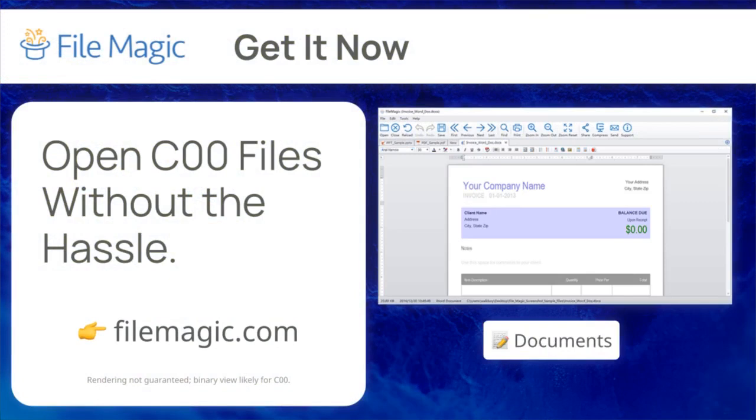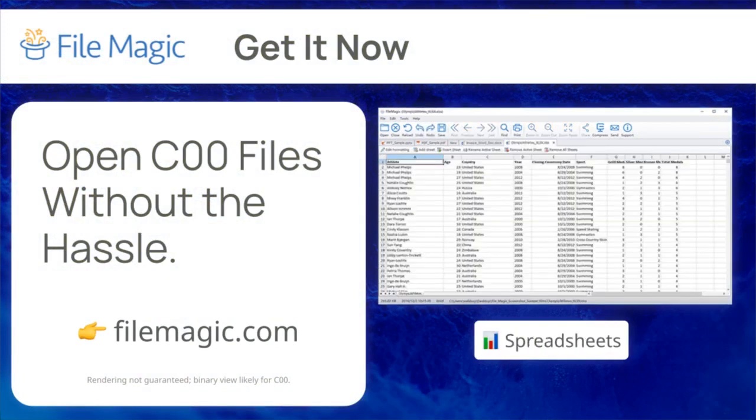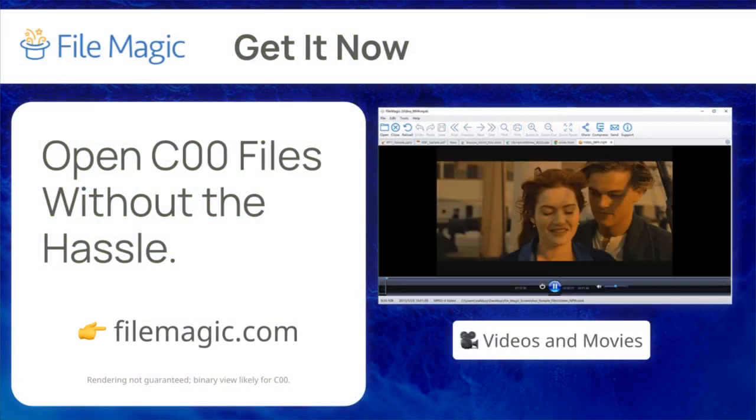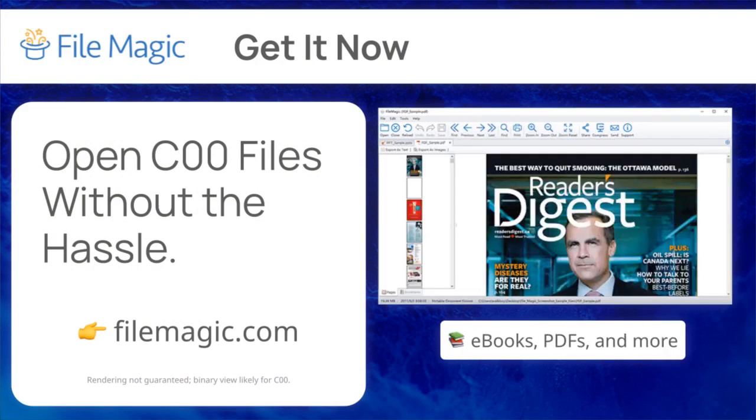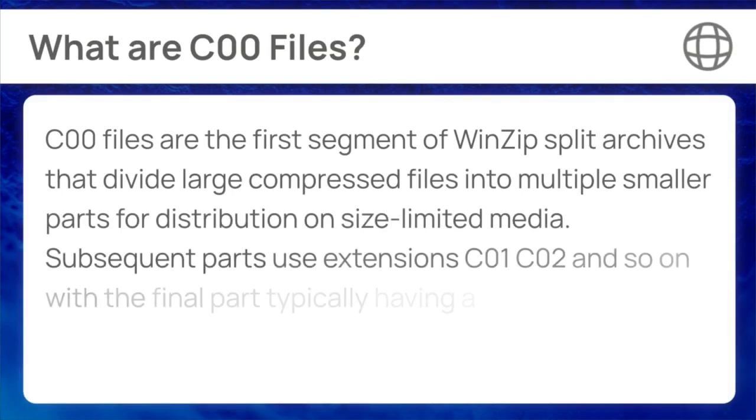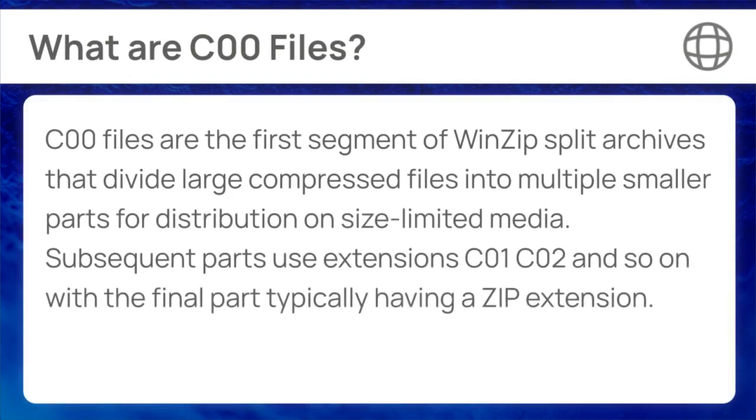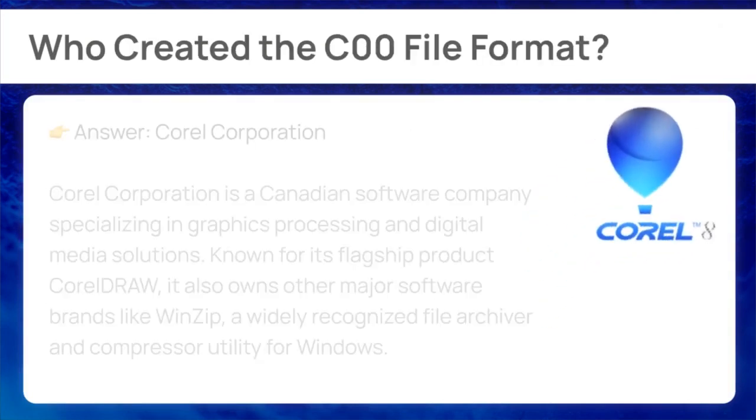This involves the correct application of a single premium C00 file inspection utility designed for broad spectrum file support. C00 files are the first segment of WinZip split archives that divide large compressed files into multiple smaller parts for distribution on size-limited media.